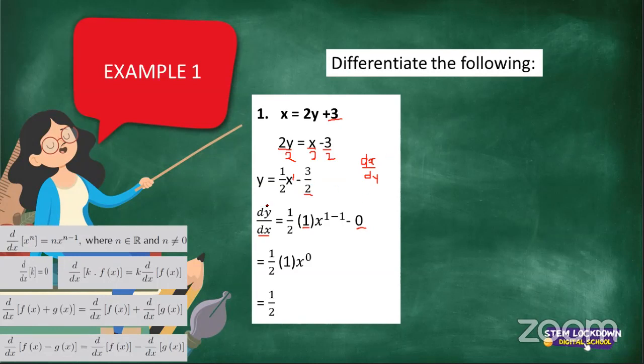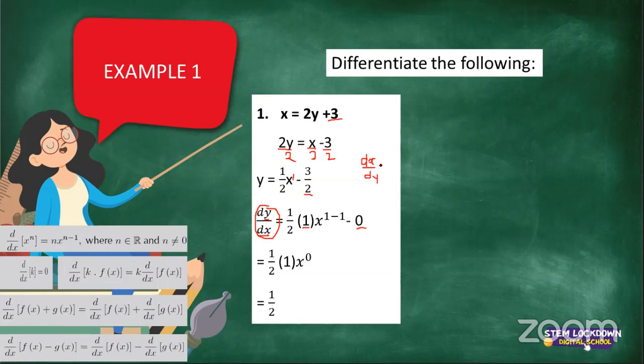In this case, we were doing dy dx, and I said this means this is our function, so we're differentiating y with regards to x. What then if you have dx dy? This means you have to differentiate x with regards to y.